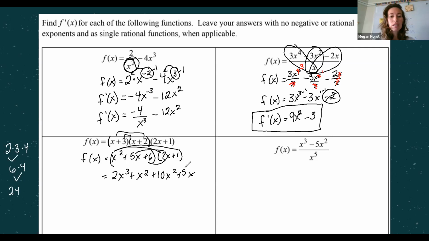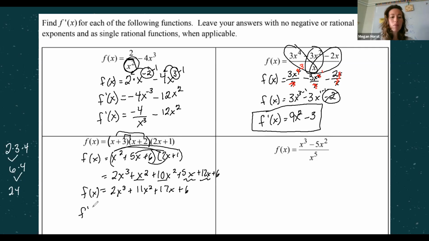And then this gives me a 12x plus 6. I'm going to combine any like terms that I have. So I have 2x cubed plus 11x squared plus 17x plus 6. And now I'm just going to go back and double check. I had a 5x, I had a 6. Awesome. So this is what my f of x is.